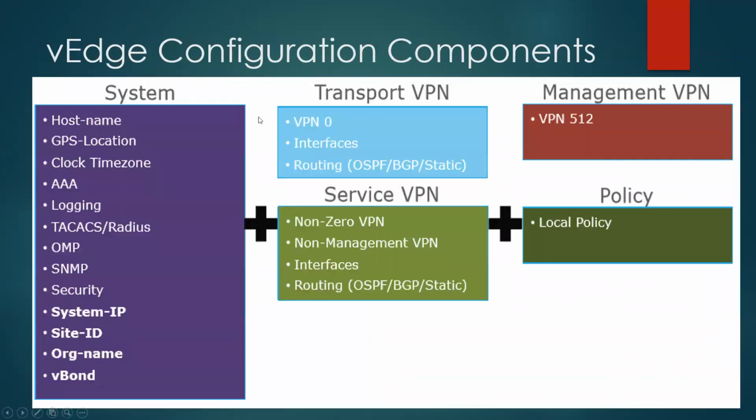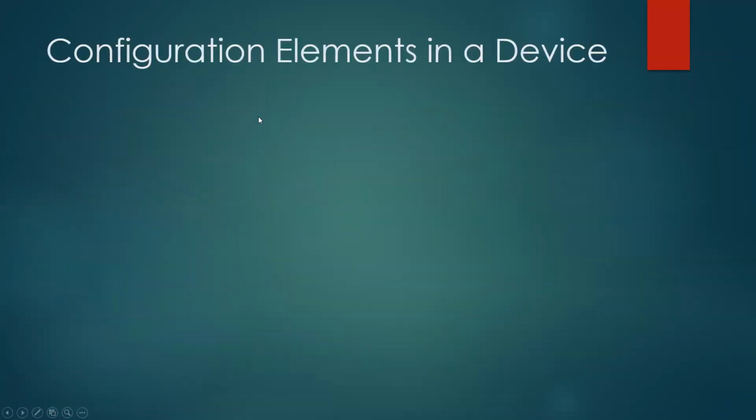So, minimum configuration. Before coming to that, everyone in this class knows router and switch configuration, right? If you configure a router or switch and do show run, what will you get?